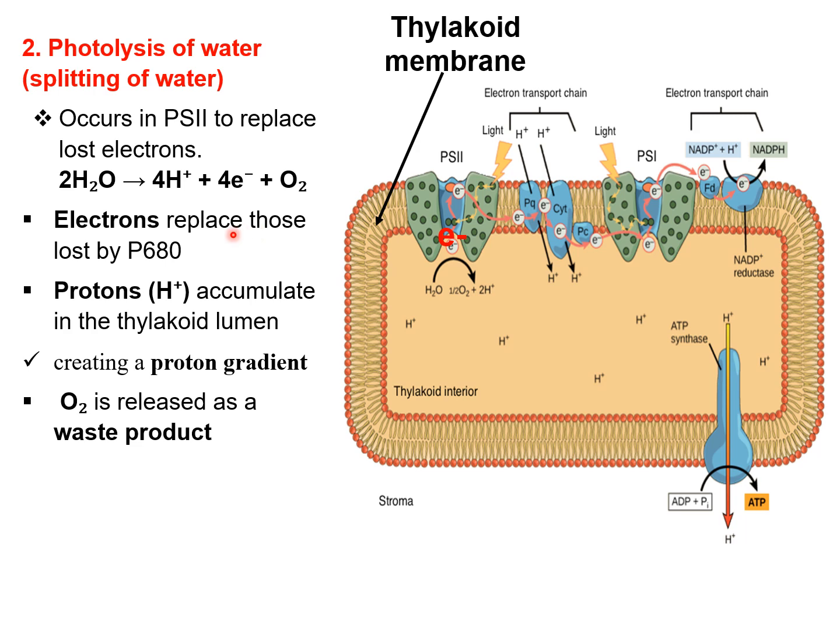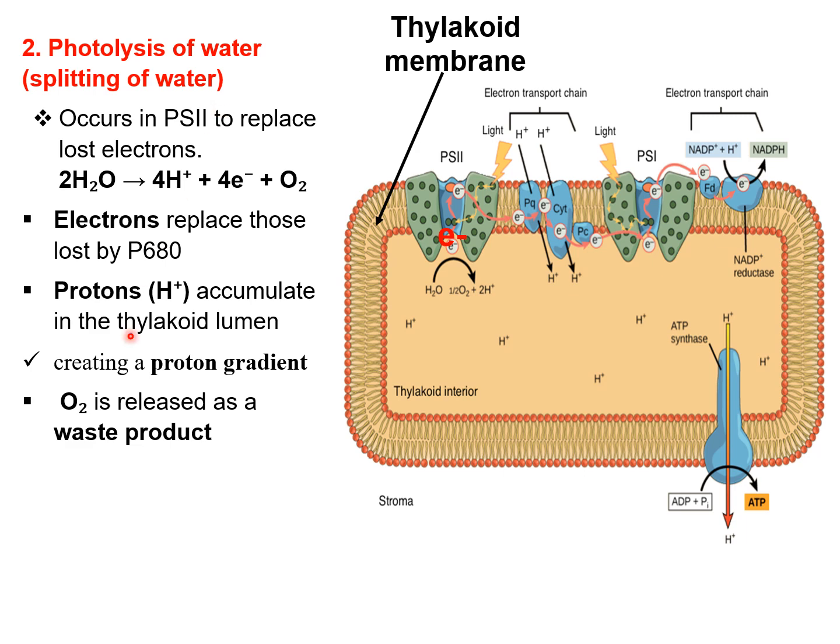The electron replaces the electron which is lost by the chlorophyll in the pigment P680.